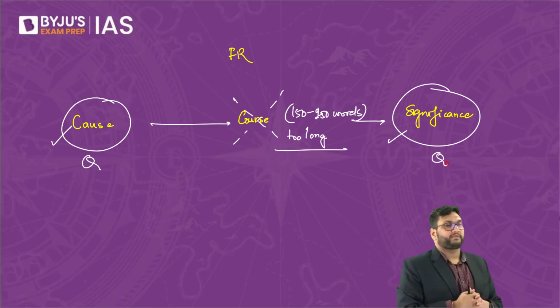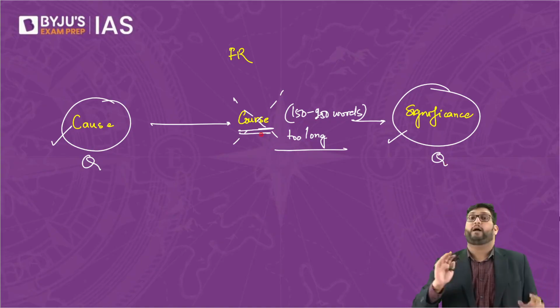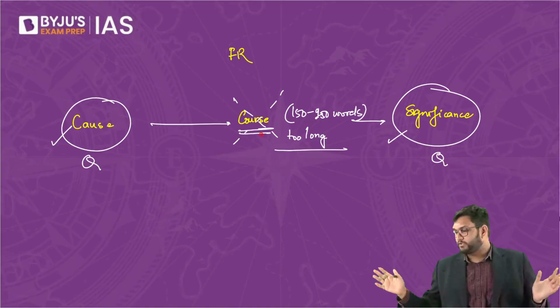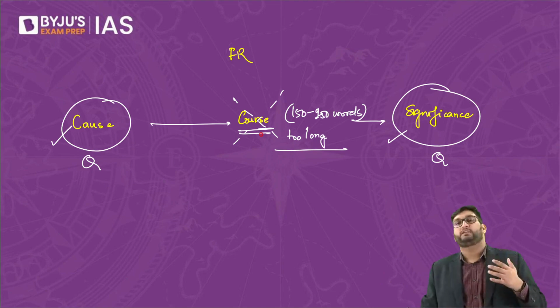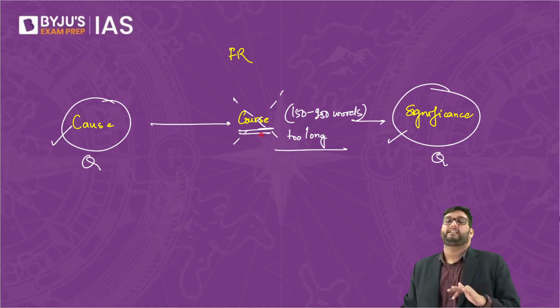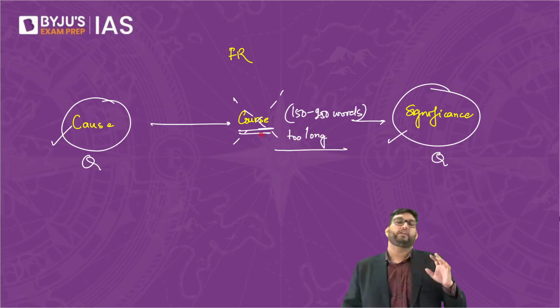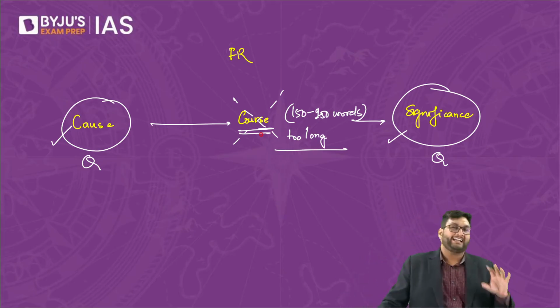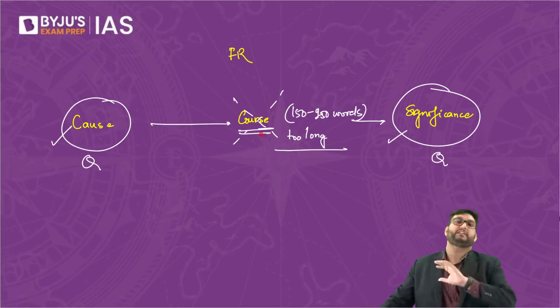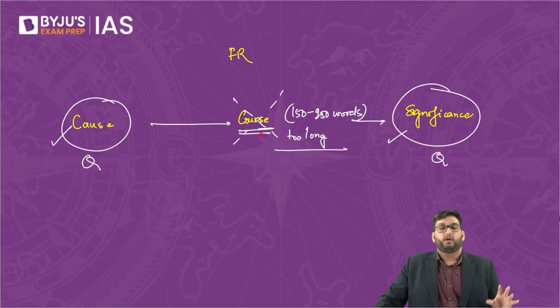So first things first, the course is quite long. It's a very long story, but I will tell you that story in the easiest way possible. But you don't have to get caught up. Why am I telling you this? Because we have to do smart study here, and you don't have to get caught up in random small details which really don't matter. What matters is cause, which I will do with you in detail. I will do significance with you in detail.